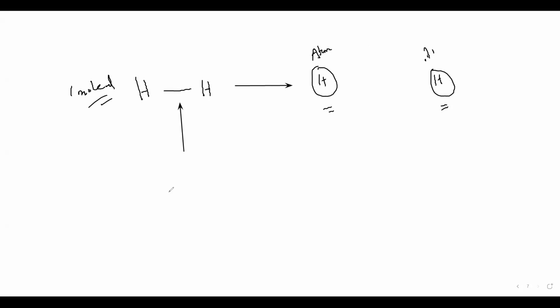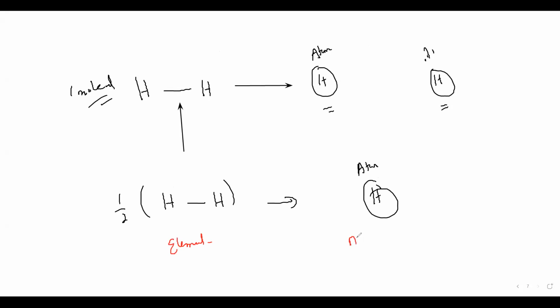But if we have half a hydrogen molecule, how many hydrogen atoms will this produce? This will produce only one hydrogen atom. So when an element produces an atom, we call that the standard enthalpy change of atomization of hydrogen. Like we produce one hydrogen atom.